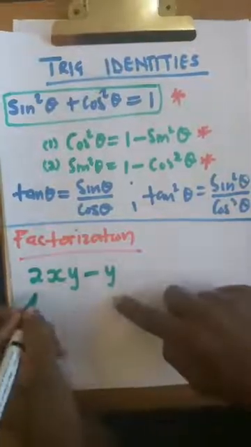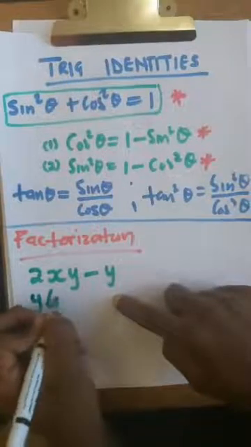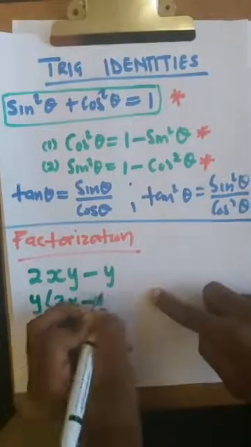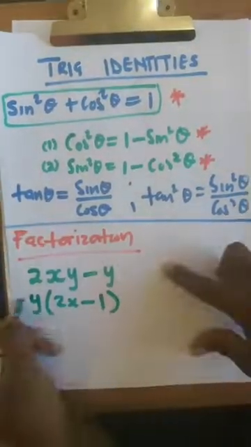What is common is y. So what remains is y times 2x minus 1. You know this factorization most, okay?